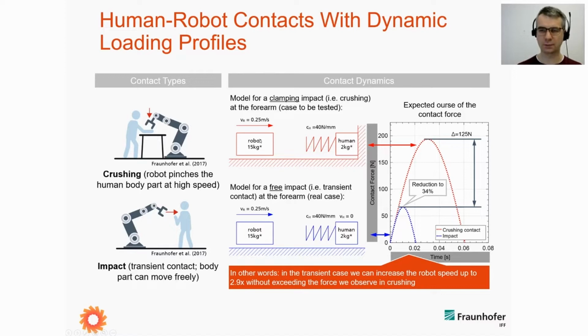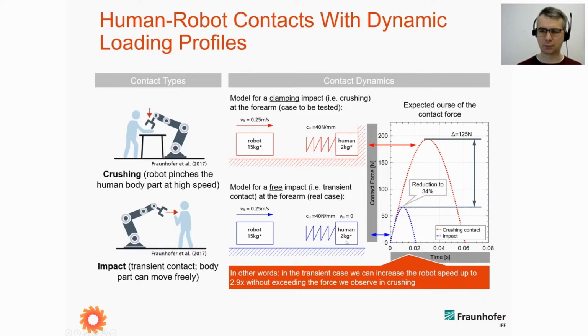Let's assume the robot has a velocity of 250 millimeters per second and a weight of 15 kilograms. For the case of contact at the lower body, here a forearm, you can assume a stiffness of 40 newtons per millimeter. We will receive the red curve seen here on the right, plotted in this diagram.